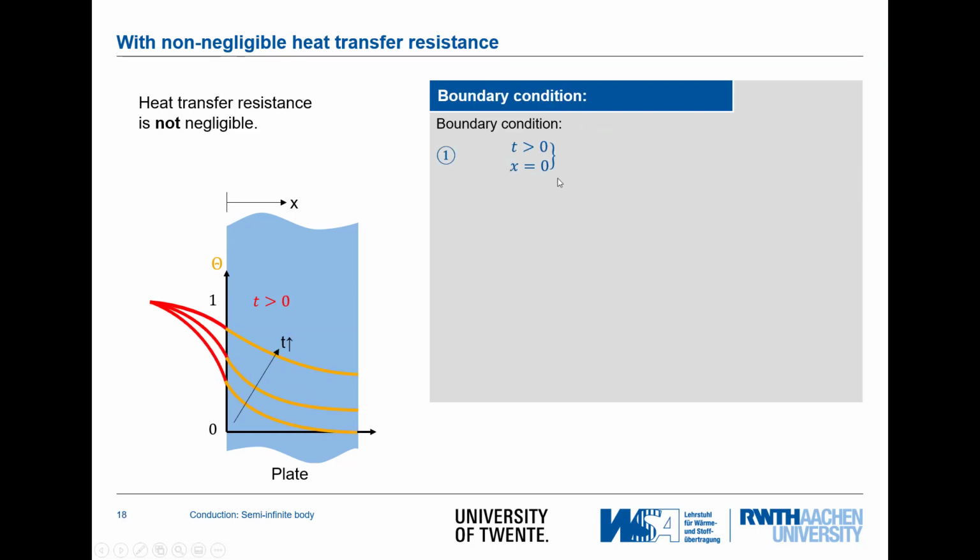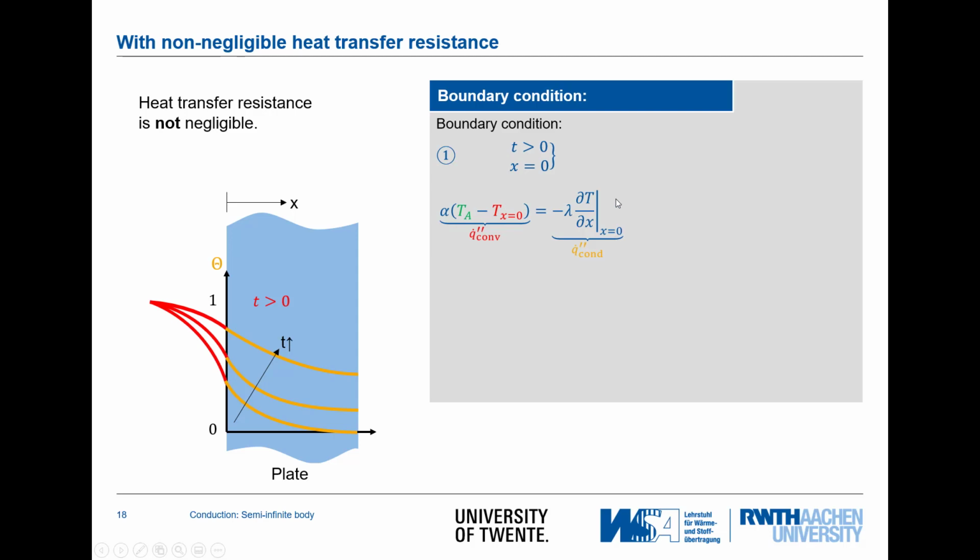What are now the boundary conditions if we are at a time t larger than 0 here at the location x equal to 0? The boundary condition is a balance between convection and conduction. So the conduction inside the object is always equal to the convection outside the object, and the convection outside is referenced by the difference between the ambient temperature and the temperature at the surface.